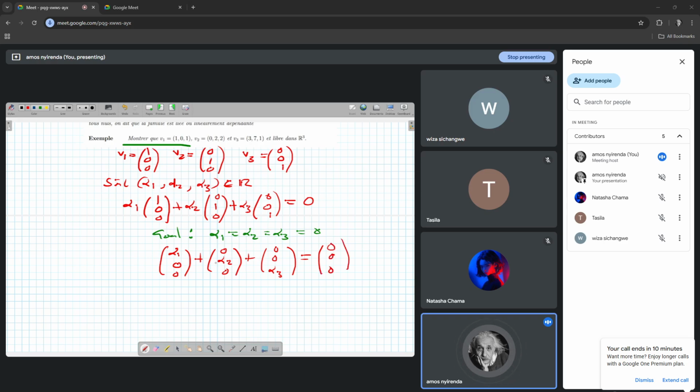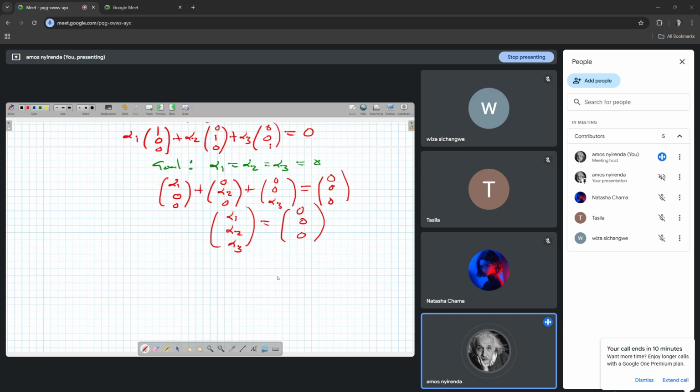So here you have (alpha 1, alpha 2, alpha 3) equal to (0, 0, 0). Two vectors are equal if and only if the corresponding components are equal. So it means alpha 1 is equal to 0, alpha 2 is equal to 0, and alpha 3 is equal to 0.